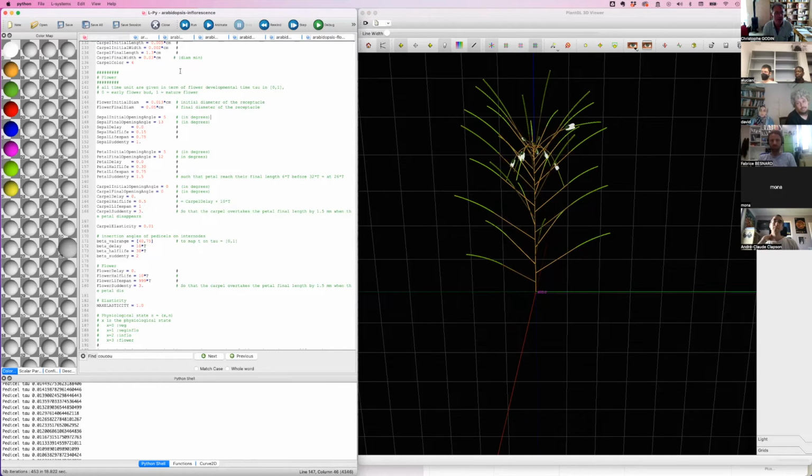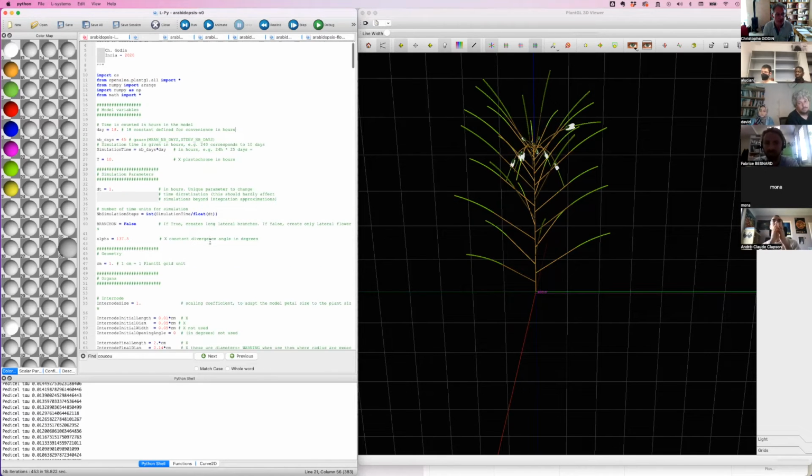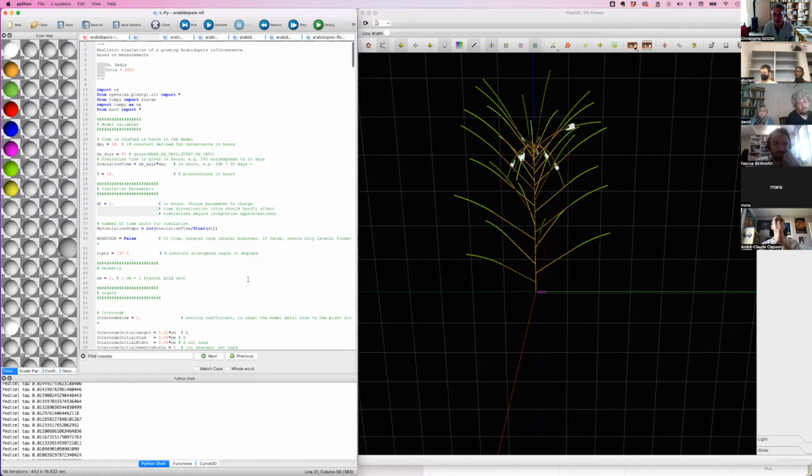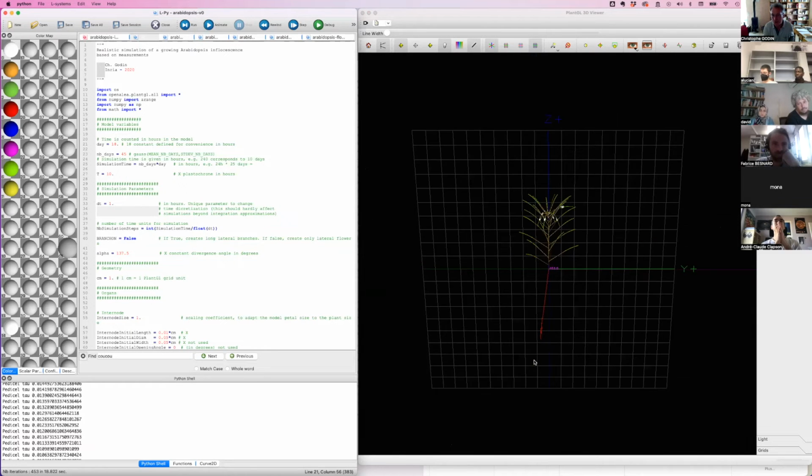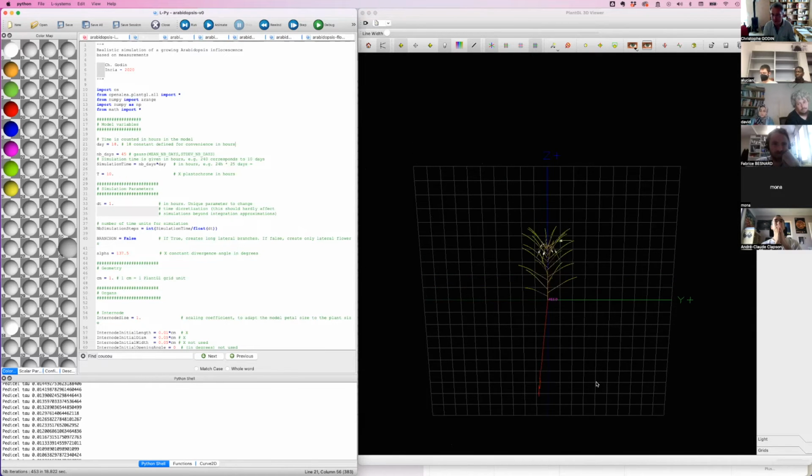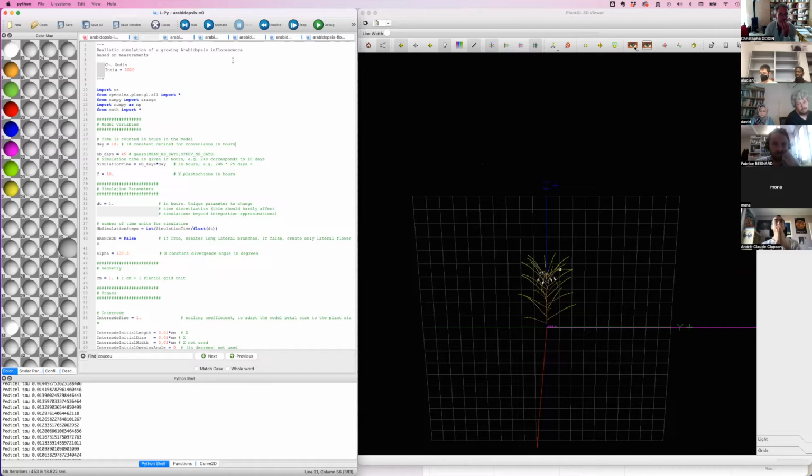Okay, and now the last would be the whole integrated system, but it's really on the way. So I will show it to you just for fun, but it's not yet finished at all. Where is it?